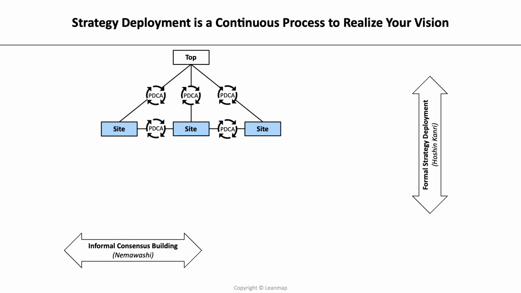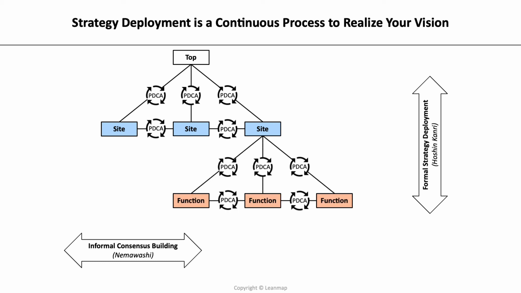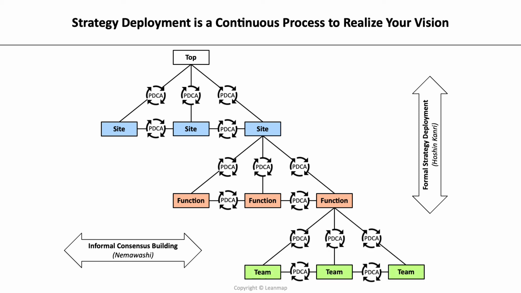The strategy is deployed into sites using the PDCA Plan, Do, Check, Act process. From the site, it's deployed into functions, into departments, also using the PDCA process. And from the functions, it's deployed into teams, also using the PDCA process, Plan, Do, Check, Act.